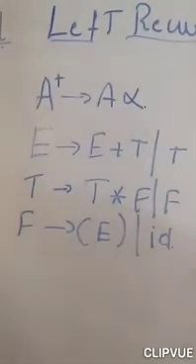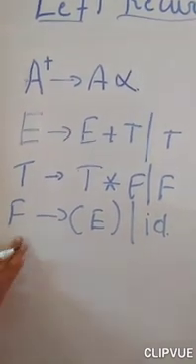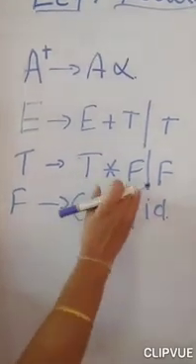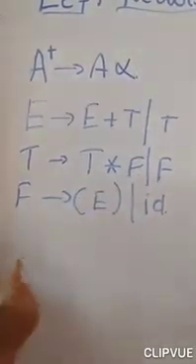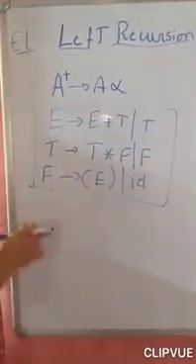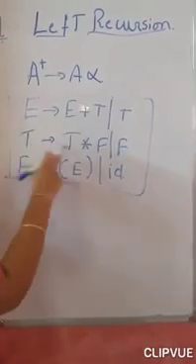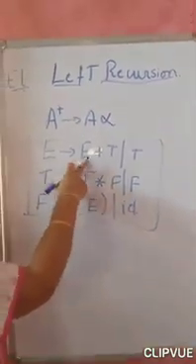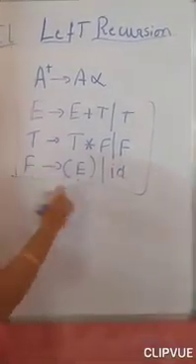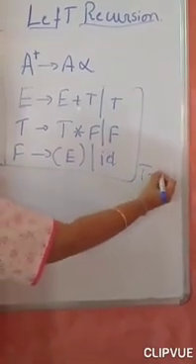All of you know that this is the arithmetic grammar, which doesn't have any ambiguity. That means it is an unambiguous grammar, obtained by introducing the term and the factor. All of you know this particular grammar, but it cannot be used for top-down parsing. Why? Because it has an immediate left recursion. E derives E, it is a left recursion. T derives T, so left recursion is there. So this particular grammar cannot be used for a top-down parser.